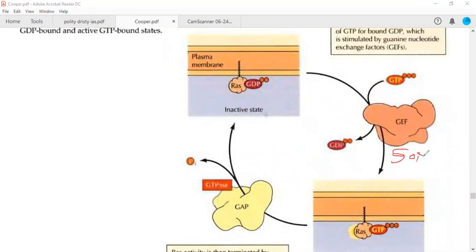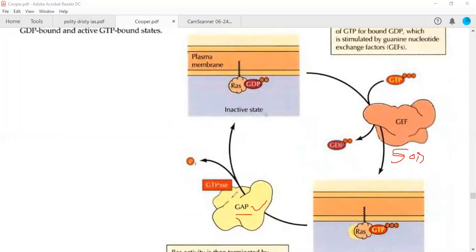So this SOS protein will transfer GTP and release GDP, so that the RAS protein will be activated. Then another protein will come, that is called GAP, the GTPase activating protein of this particular RAS. So RAS is a GTPase itself, but it will not hydrolyze GTP until and unless this particular GAP protein comes and tells it to do so.